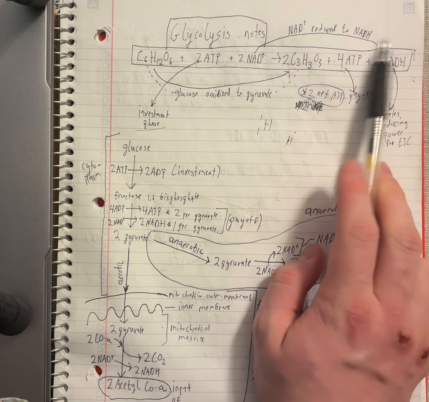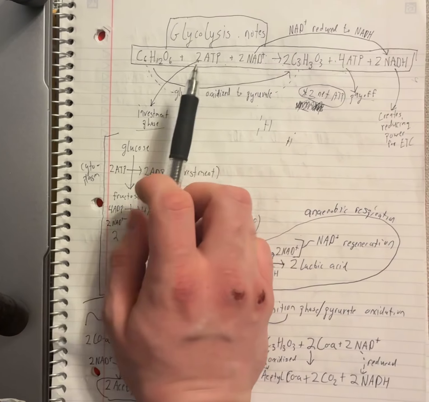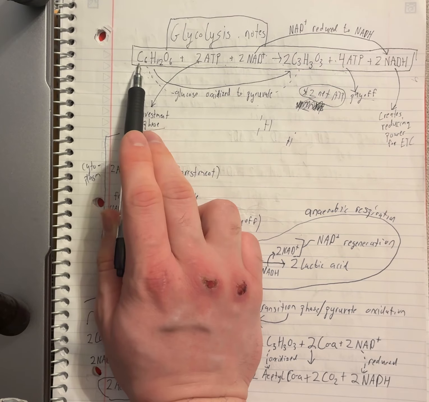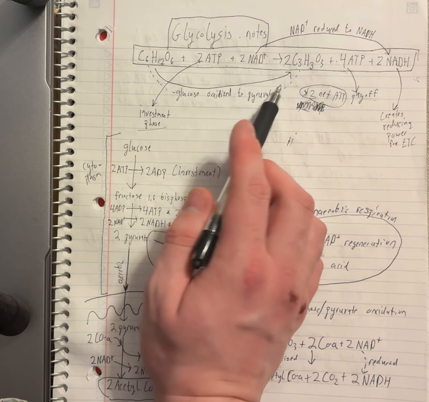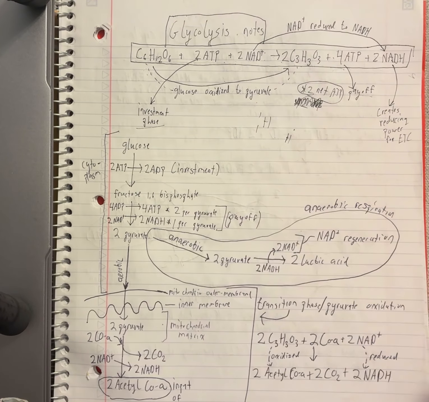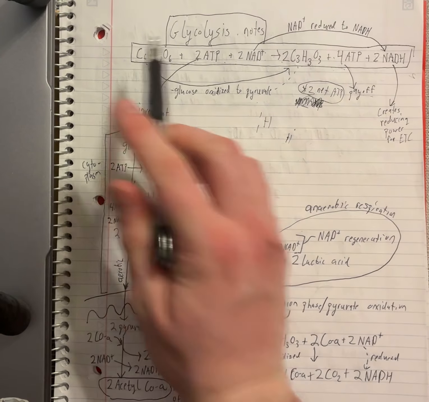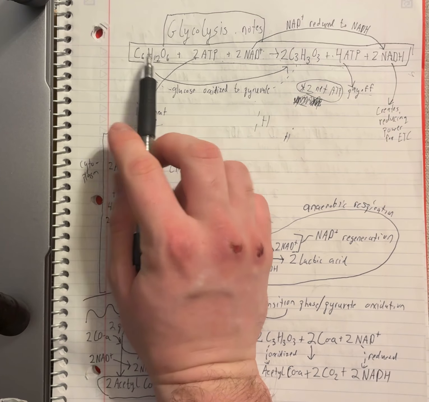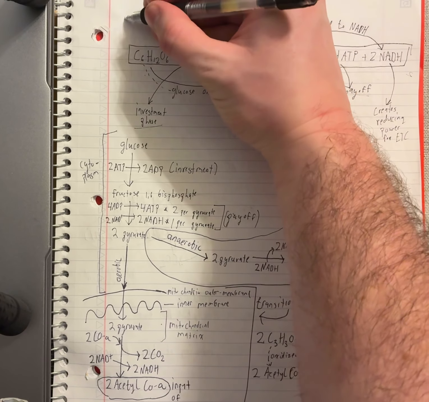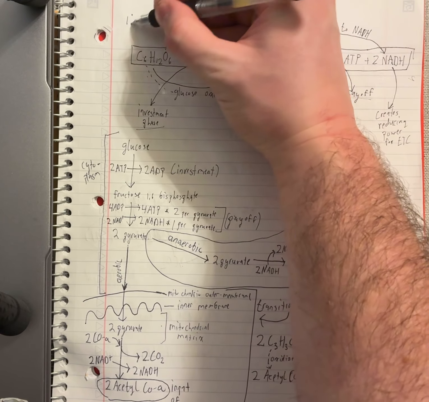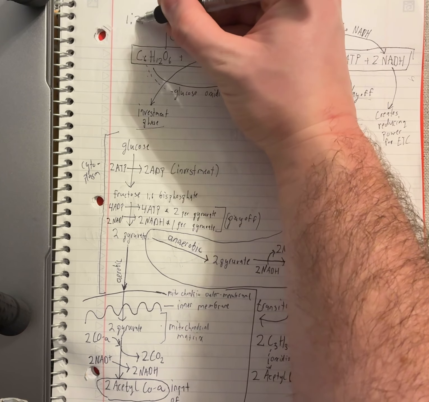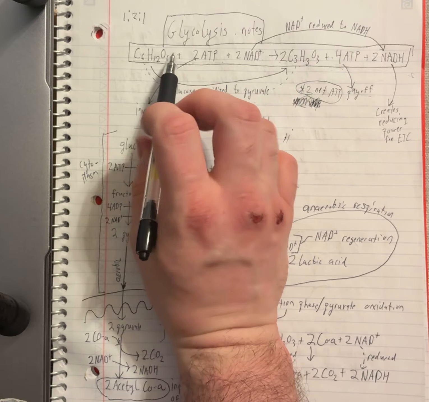Reduction is usually pretty easy to spot. A little more difficult to spot is that this glucose molecule is actually going to be oxidized into these pyruvate molecules. Now, if we look at this glucose molecule, we have a ratio of 1 carbon to 2 hydrogen to 1 oxygen.